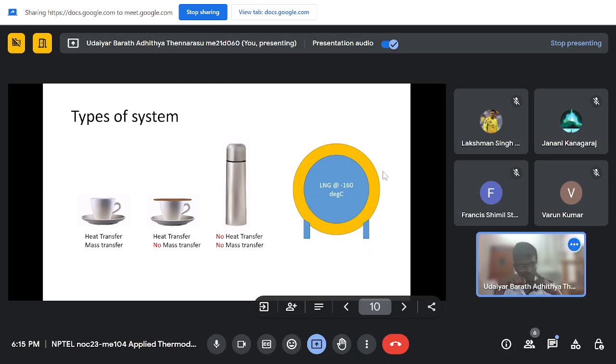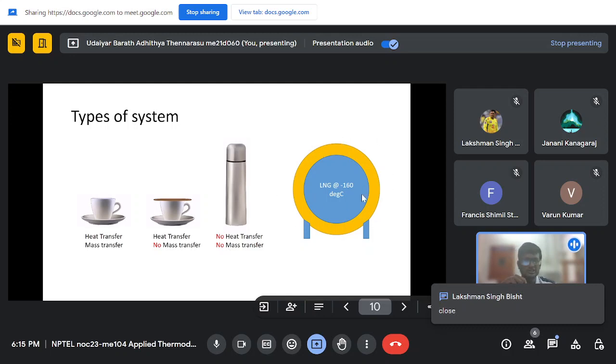Okay, so if you see, this is similar to the thermos flask. You have insulation because you are keeping it at minus 160 degrees Celsius. If you have a normal vessel without insulation, the environment will be at a higher temperature, 30, 40, 45, 50, whatever. The environment temperature will vary, and the temperature difference is very large compared to the liquefied natural gas.